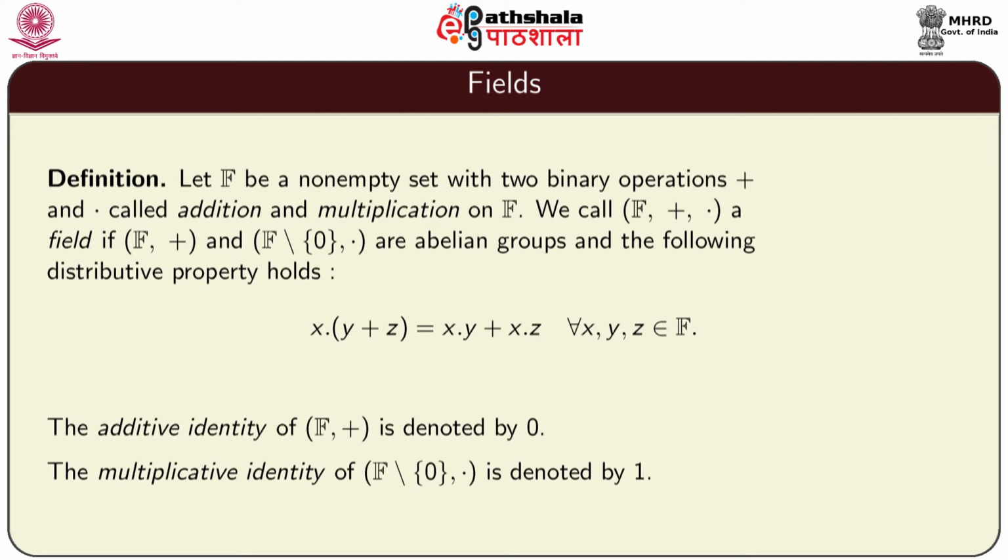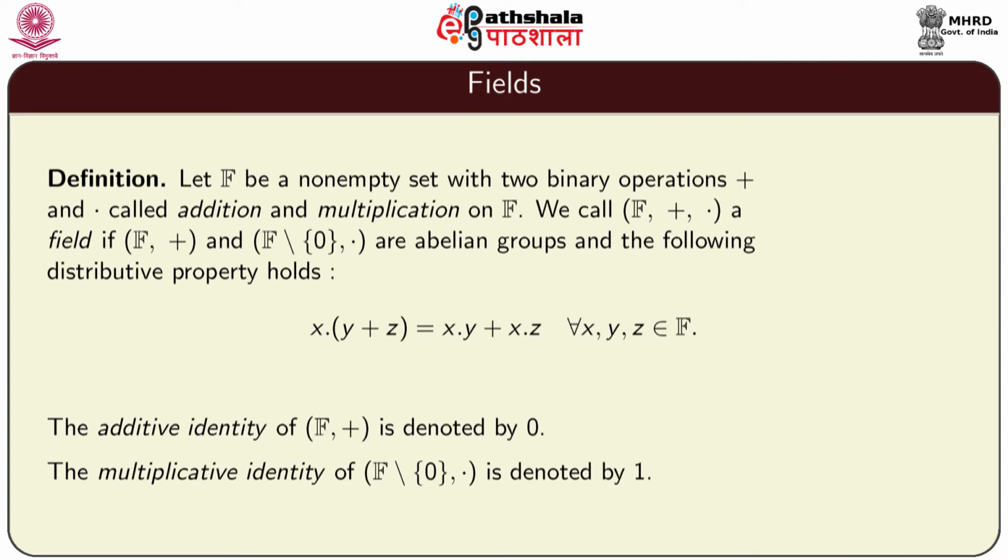Now, a few notations. The additive identity of (F, plus) would always be denoted by 0 and the multiplicative identity of (F minus 0, dot) would always be denoted by 1.